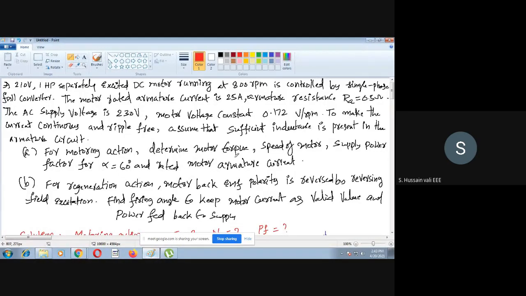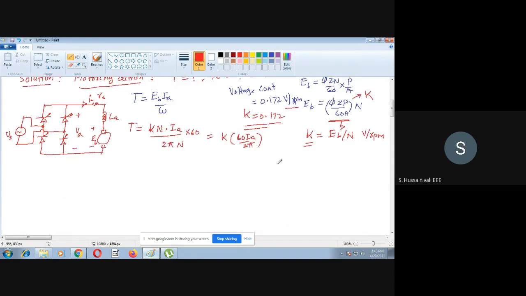So in the question itself, he said that the armature current is the rated one. The rated armature current he has given in the problem is 25 ampere. So IA is equal to 25 ampere. Then we'll substitute this here.